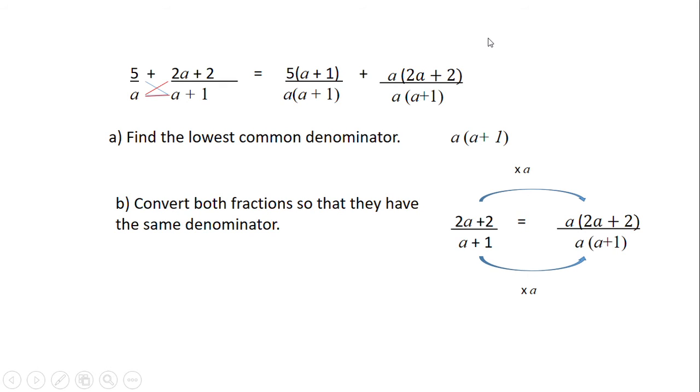The denominator in my answer is going to be the same, because I wanted these two numbers multiplied together to be my new lowest common denominator.